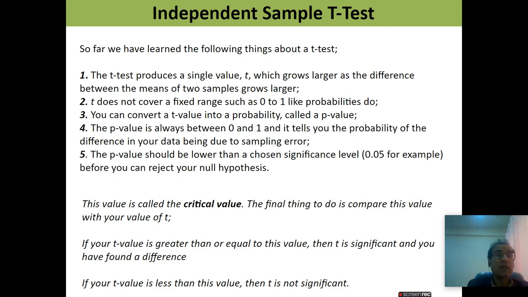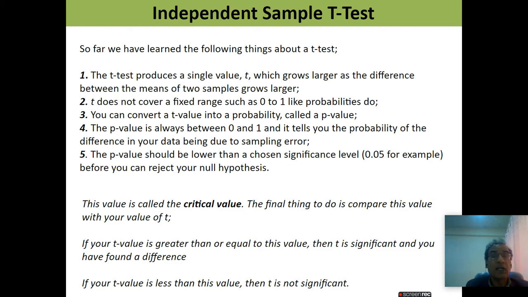Number three, you can convert t into a probability called the p-value. Number four, the p-value is always between 0 and 1, and it tells you the probability of the difference in your data being due to sampling error. Number five, the p-value should be lower than a chosen significance level, 0.05 for example, before you can reject the null hypothesis. So, if the value is less than 0.01, then you can say the test is significant.